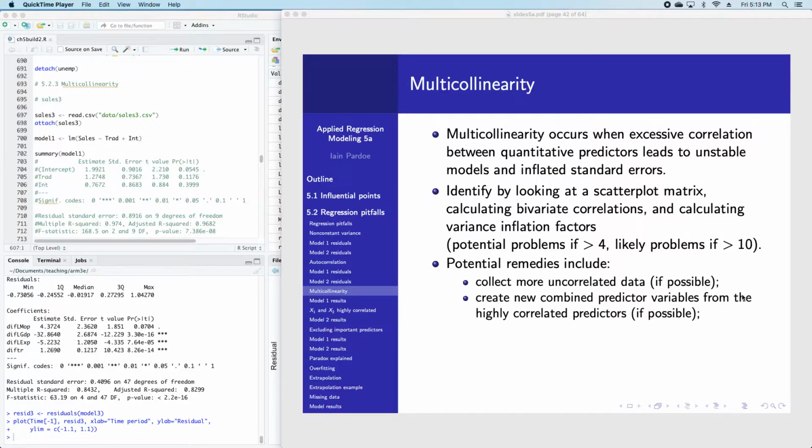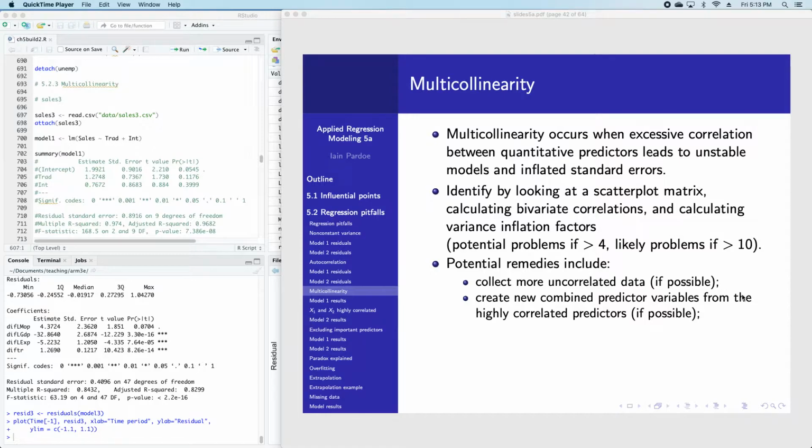Another possibility that's perhaps a little more realistic, if we can't go out and collect more data, is to look at where the problems are. So let's say it is x1 and x2 where the issue is. We can create a new combined predictor variable from x1 and x2 if we can combine those predictors in a meaningful way.